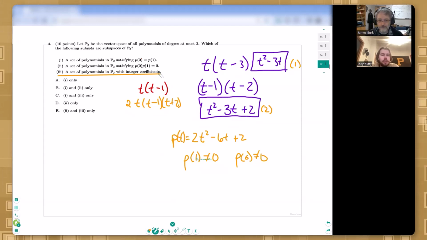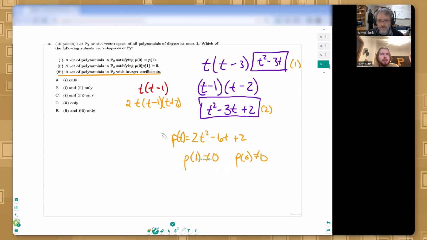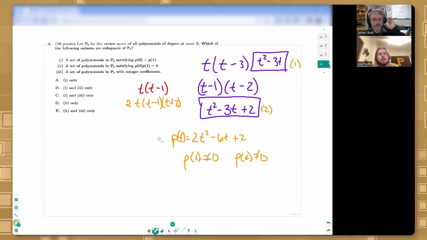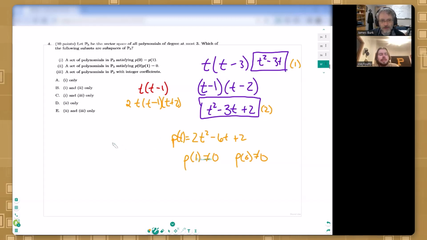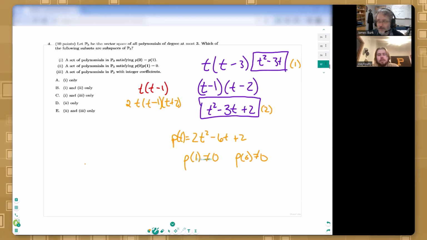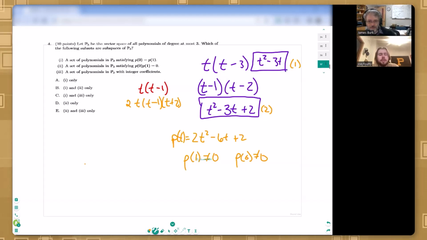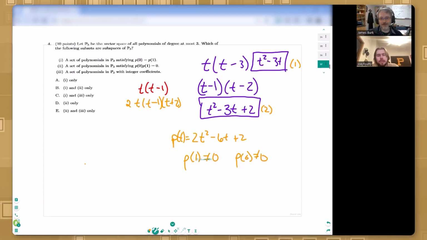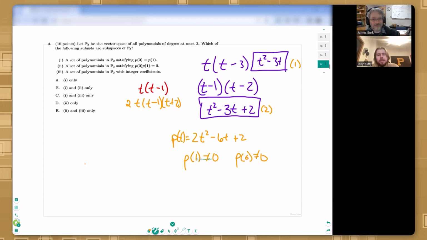A set of polynomials with integer coefficients. Okay, think about how you add up polynomials. You add them by like terms. And if all my coefficients are integers, if I add up my coefficients from my other polynomials, which are also integers, an integer plus an integer is an integer, so it's closed.